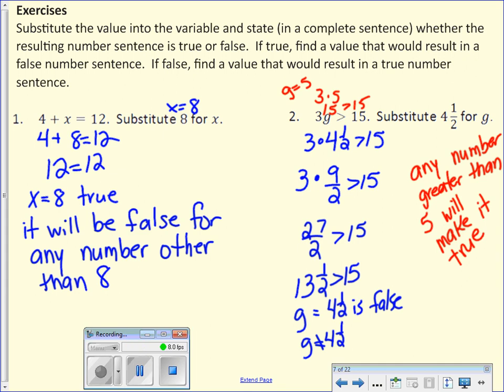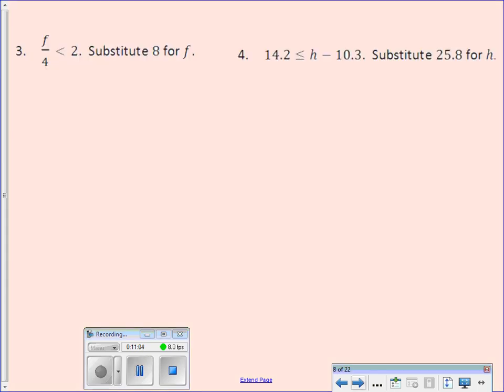All right, let's continue with the next one. So f divided by 4 is less than 2. Let's substitute f with 8. So 8 over 4. Is 2 less than 2? No. So it's false that f equals 8. What would make that true? We just have to make 2 a little bit smaller.